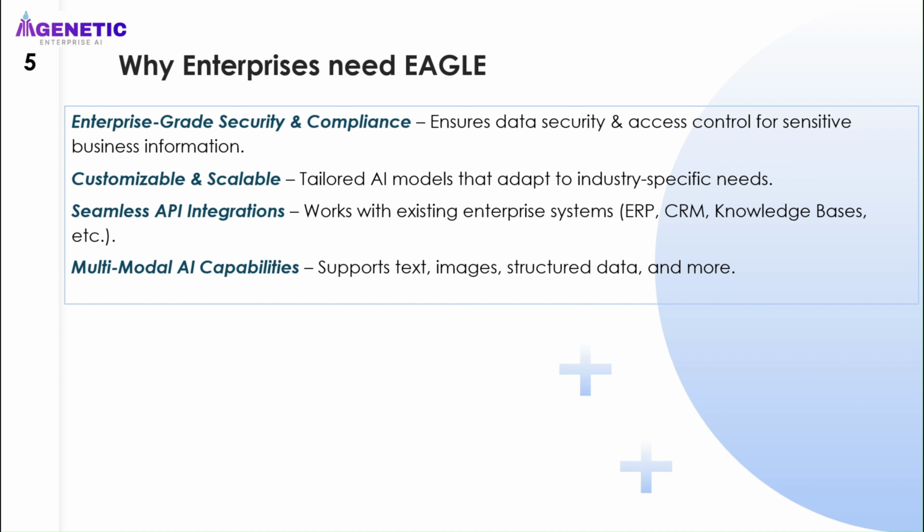So AI needs to be built in a lot of ways within the boundaries of the enterprise. That is where Eagle helps you create the required infrastructure architecture, whether it's a hybrid architecture of on-premises plus cloud, or a full cloud, or a full on-premises setup, whatever it might be.